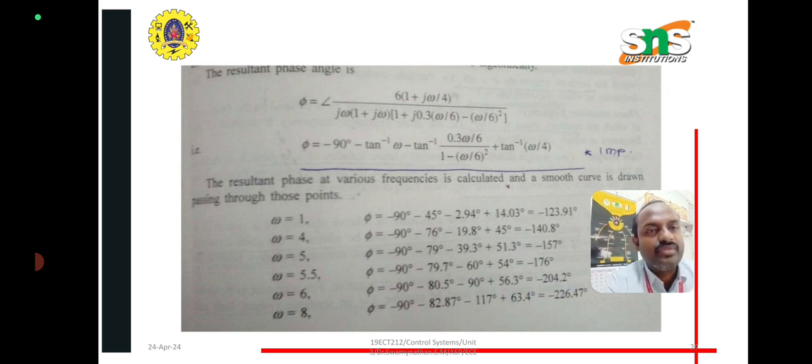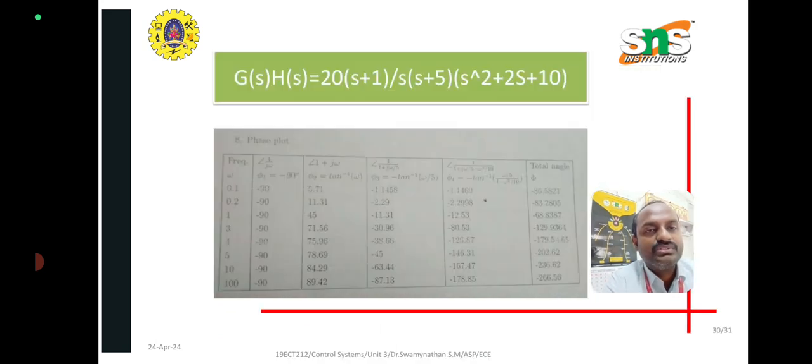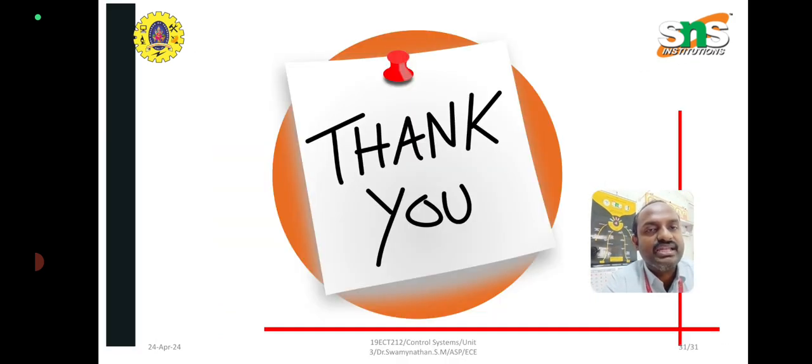You get the formula minus 90 degrees minus tan inverse omega minus tan inverse of omega by a. Then you can get the resulting phase angle for different values by substituting omega equal to 1, 4, 5, 5.5, 6, 8. Based on these omega values, just substitute omega into the above equation, then you get the different phase angle values. From this you can draw the phase angle plot.